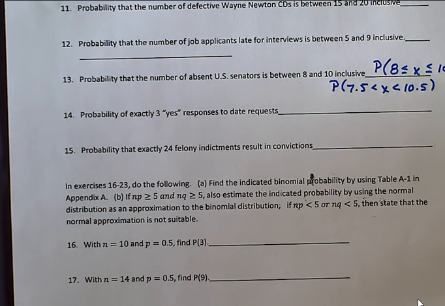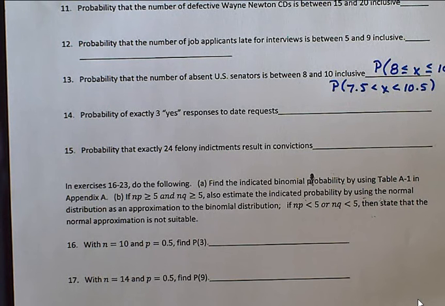Exclusive means no equal sign, so we go 0.5 in the direction of the shading. They're all pretty similar in that regard. Again, lots of betweens on those, so be careful.